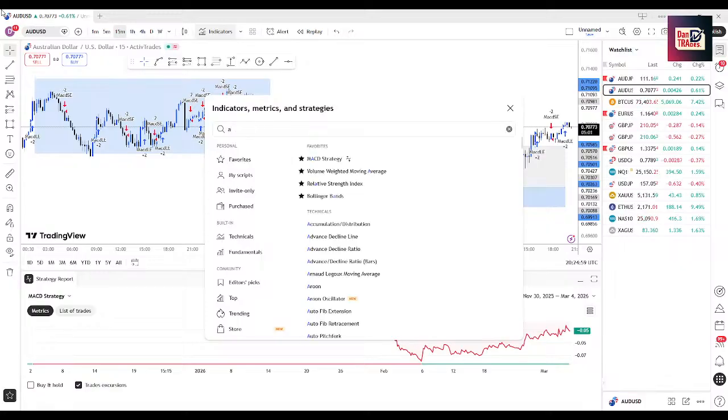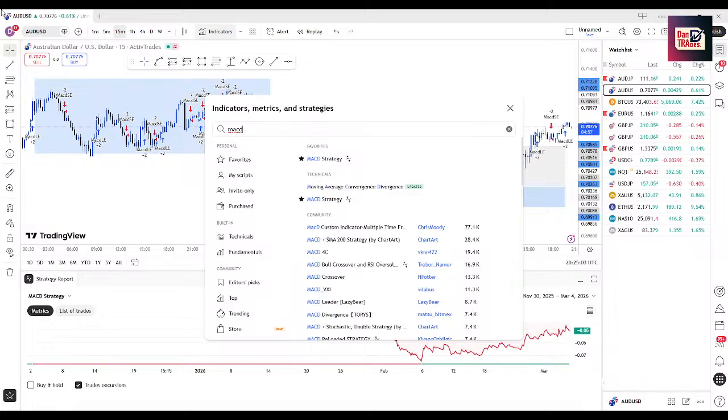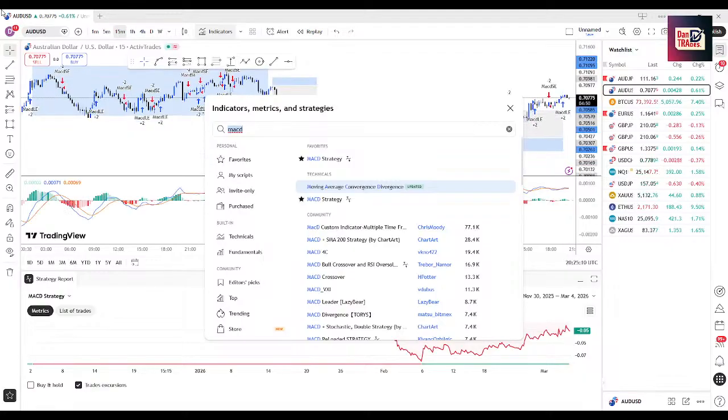MACD. Moving average divergence. I think it's this. Not that. That's not MACD. Okay, I'll just explain with the earlier one. That should be fine.